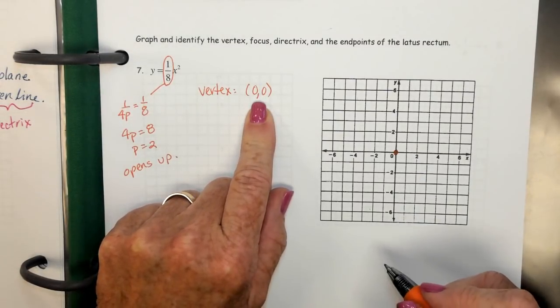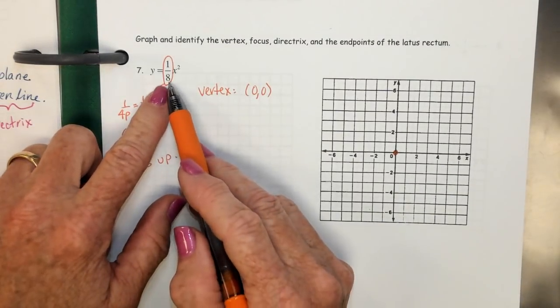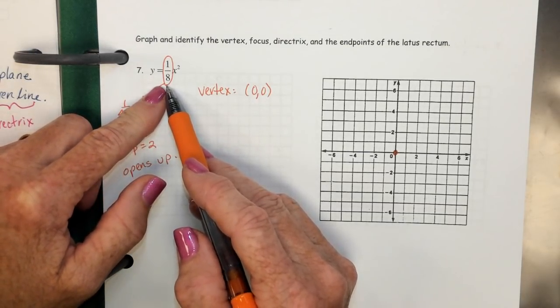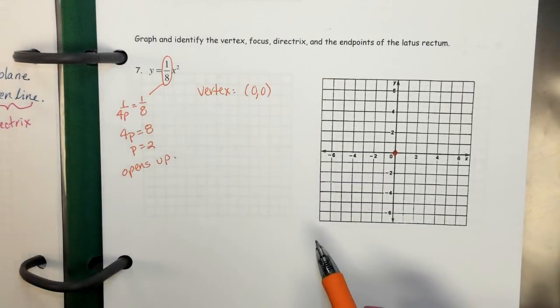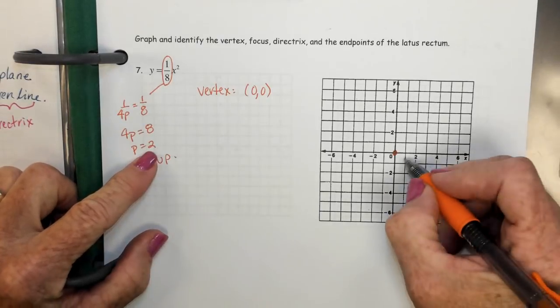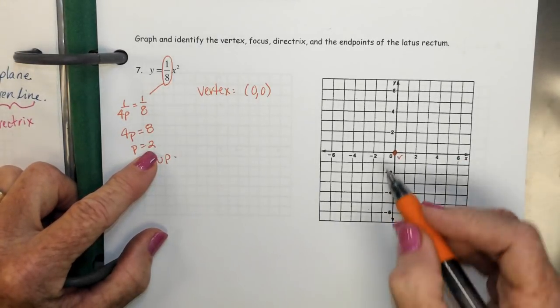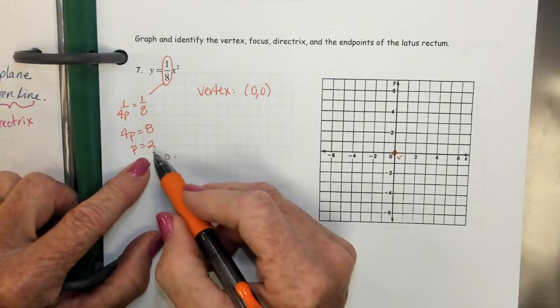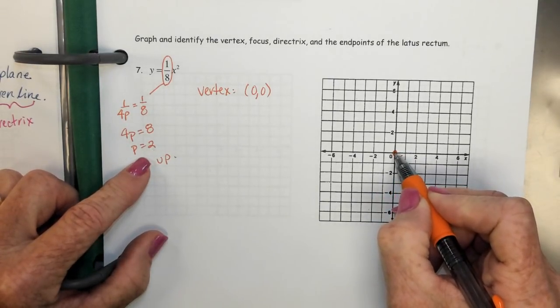Now, instead of using our parent function and then having to do a 1/8 compression, that's hard to do. We're going to use this new focus and directrix idea to get a sense of how big this parabola is. So p is 2. Here's the vertex. We know it's opening upward, so it's going like this. p is the distance between the vertex and the focus.